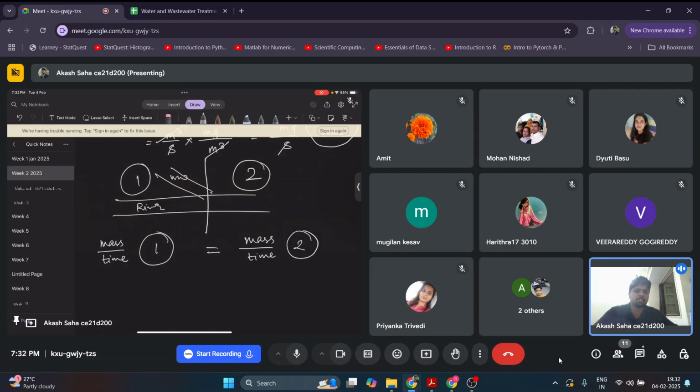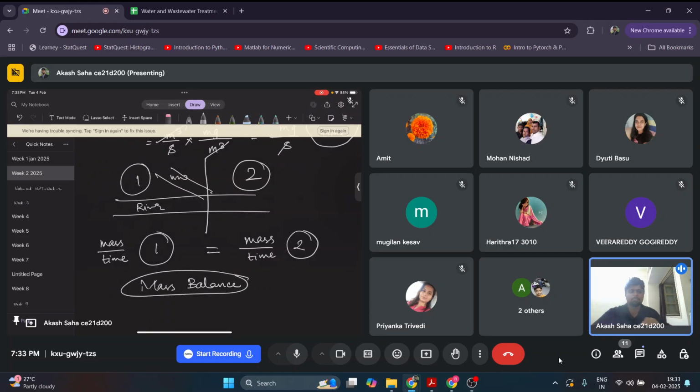It's like energy: you can transform it from one part to another, but you cannot create or destroy anything. So here also I am saying that the mass of the contaminant X is not going to change over a period of time in section A and in section B. That is the main ideology for this mass balance.